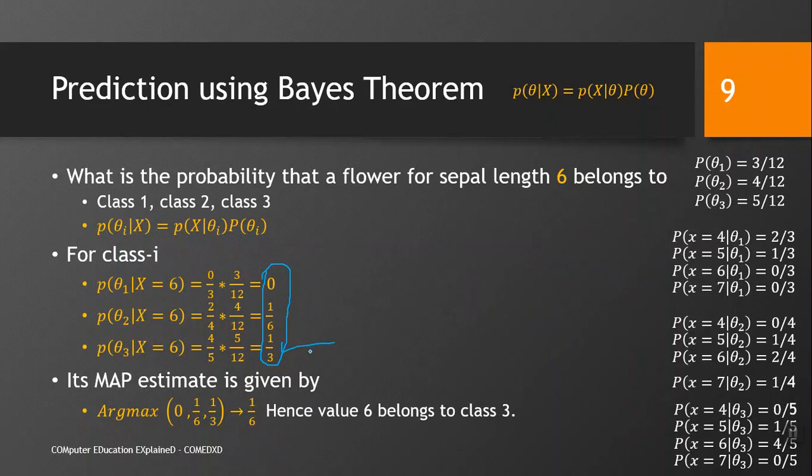It means that our new flower which has a sepal length of 6 would be placed in class 3. Hence, value 6 belongs to class 3. So, this argmax tells us that we have to choose the maximum of these 3 values. So, we have practically seen what the MAP estimate is.